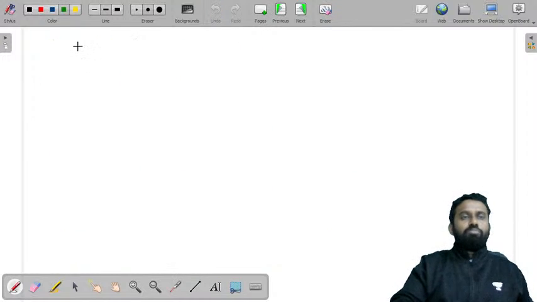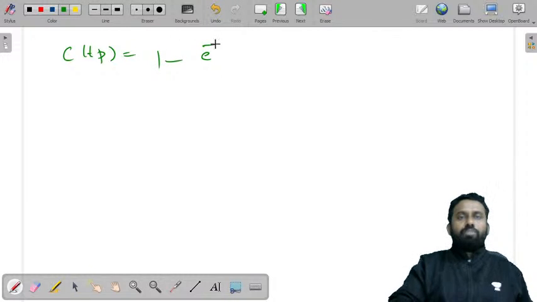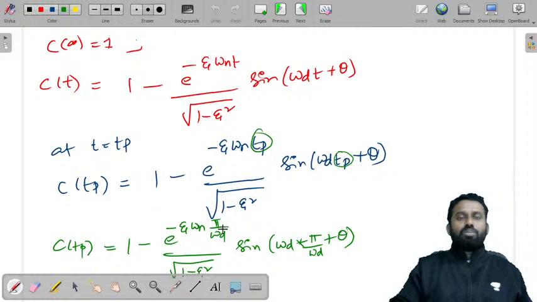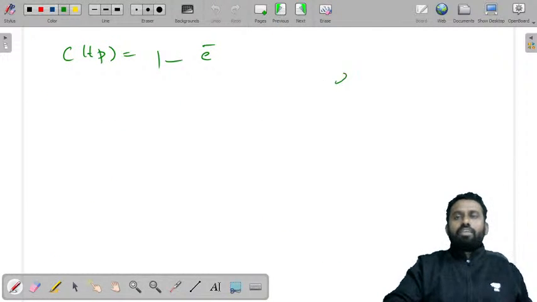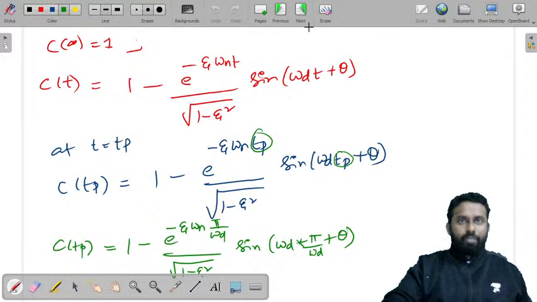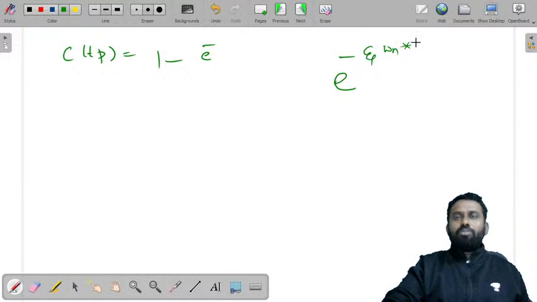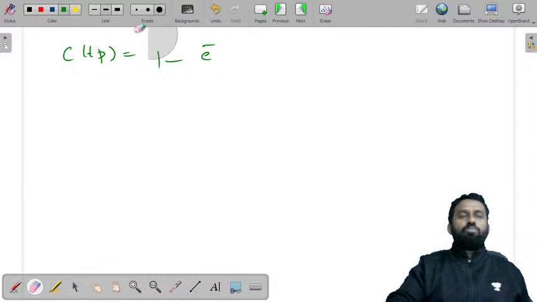What do you get? C of Tp is equal to 1 minus e power minus zeta omega_n into Tp. First let's try to find out this zeta omega_n.